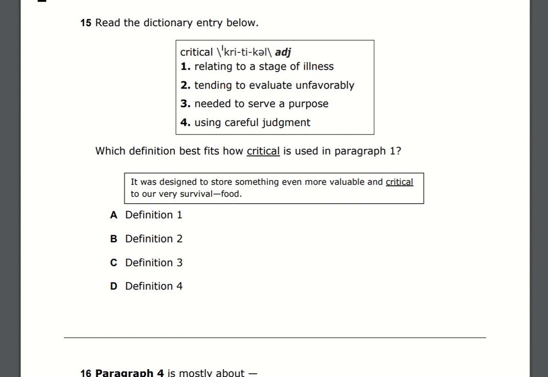It was designed to store something even more valuable and critical to our very survival. Food. Which definition best fits how critical is used in paragraph 1? A, definition 1, B, definition 2, C, definition 3, or D, definition 4? At this moment, pause the video to answer question 15.